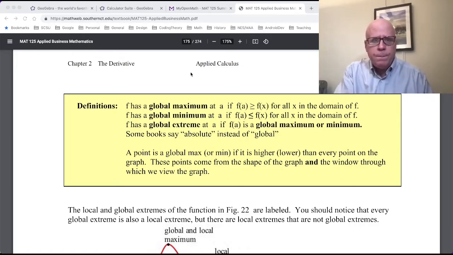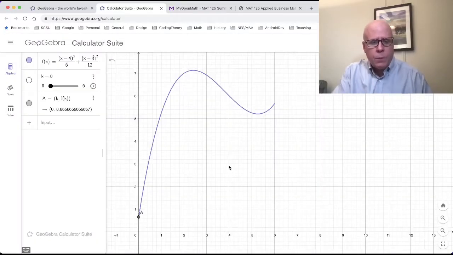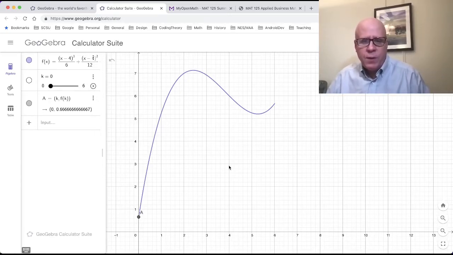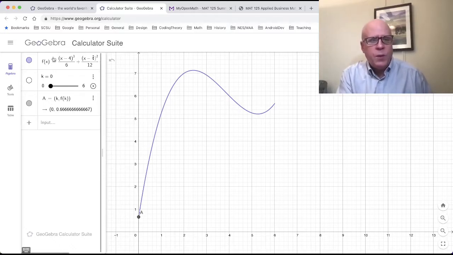Let me bring up a GeoGebra window. Cool. I didn't entirely randomly create this graph, but the idea is just a quasi-random graph. I wanted to show you something that's representative of the phenomena that we can have. You can see from the formula involved, it's a cubic, and then there's quadratic and other terms in it.